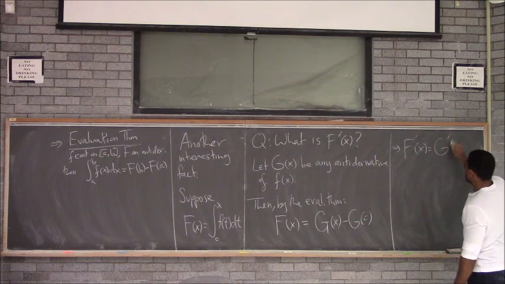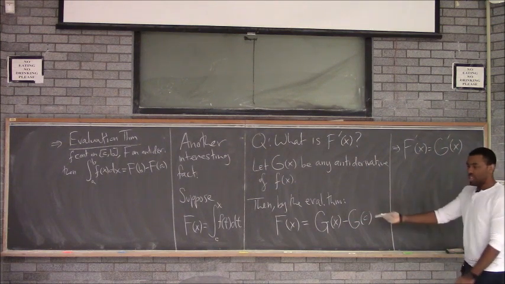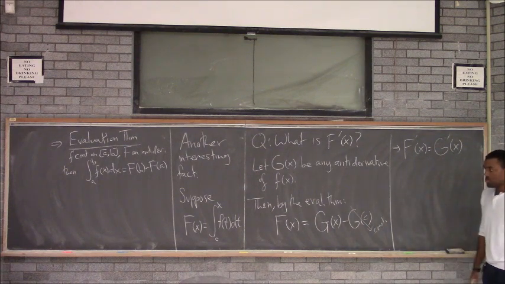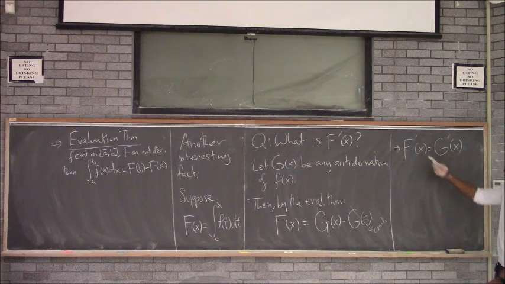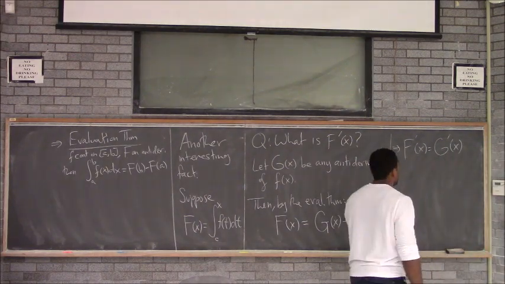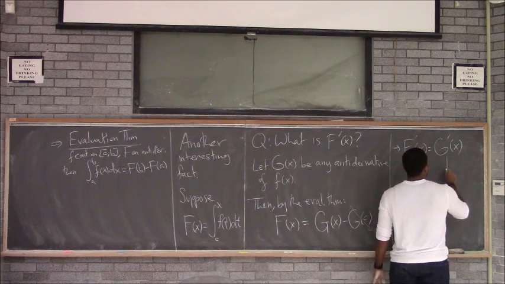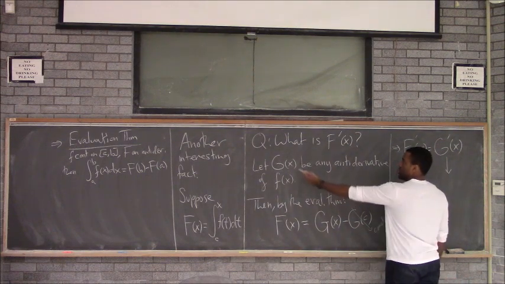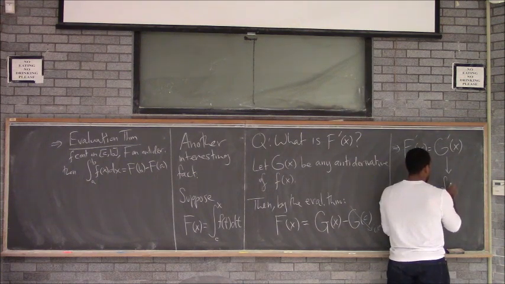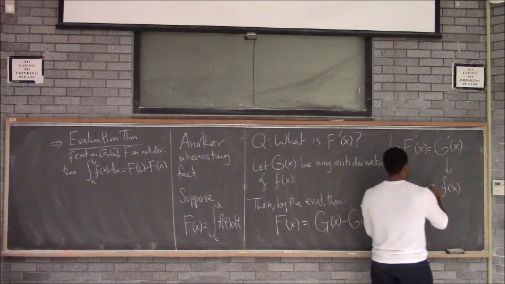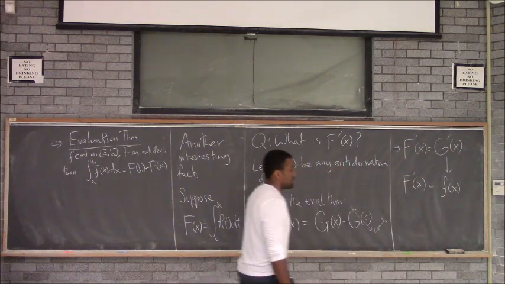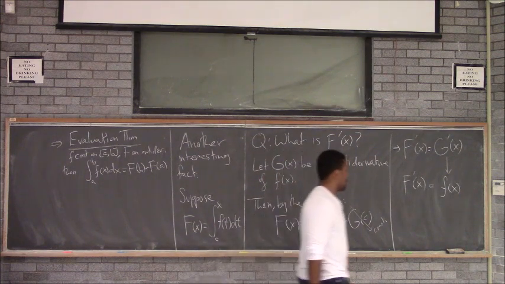Well, that's G prime of x. And G of c, well, that's a constant, so the derivative of that is 0. So it turns out that F prime is G prime. But what is G prime? Well, G is an antiderivative of f, which means G prime is f. So it turns out the derivative of the big F is f of x, little f.